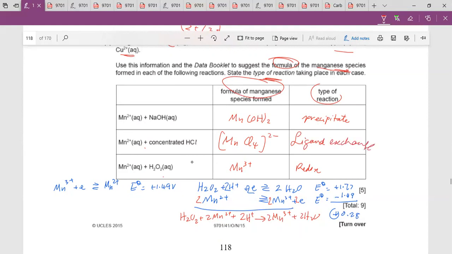Okay, now here is a tricky part. Remember Mn2 plus, this fella here, how can peroxide act? It can act as a reducing agent, you must know, or an oxidizing agent. But you must know this. I explained already in my keynote. Okay, I show you now.